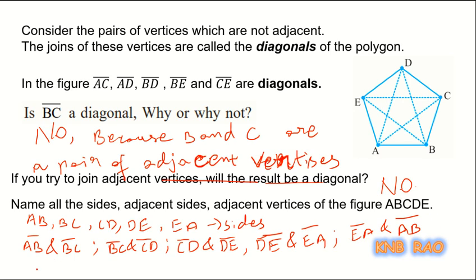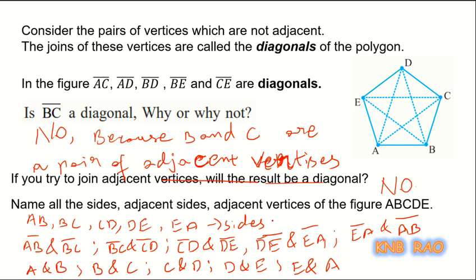Now, adjacent vertices: A and B, B and C, C and D, D and E, E and A. Total 5 pairs of adjacent vertices also.